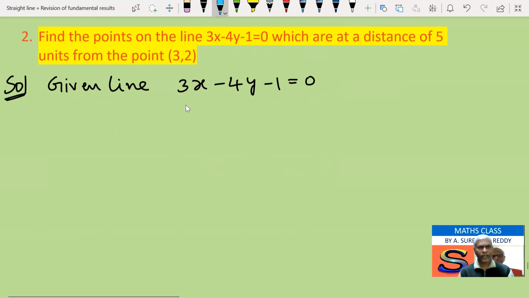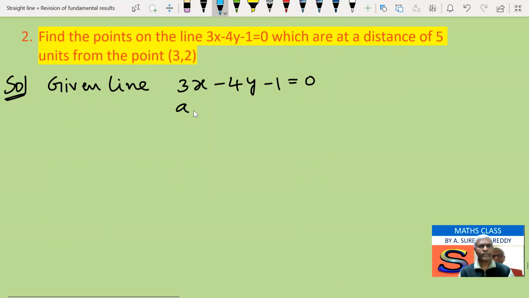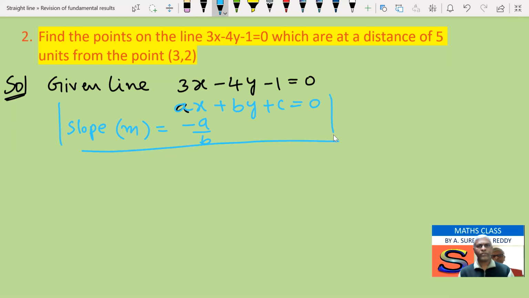Comparing this with the standard equation of straight line, ax plus by plus c, the slope of the line, that is m, is minus a by b. So this is the slope.